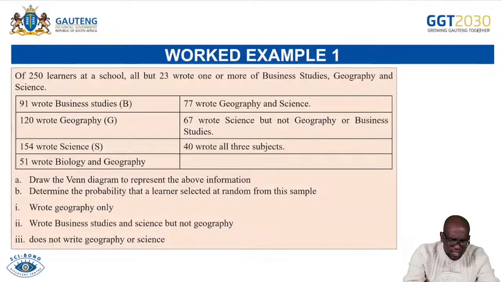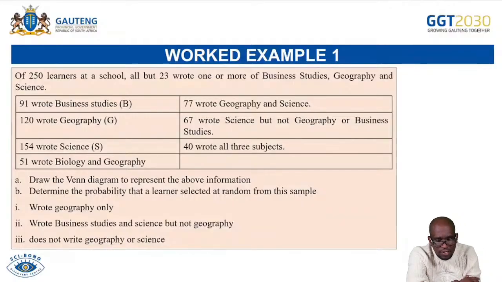Let's look at a worked example for Venn diagrams with 3 sets. Let's check here how we can work with this. Out of 250 learners in a school, all but 23 wrote one or more of business studies, geography, and science.